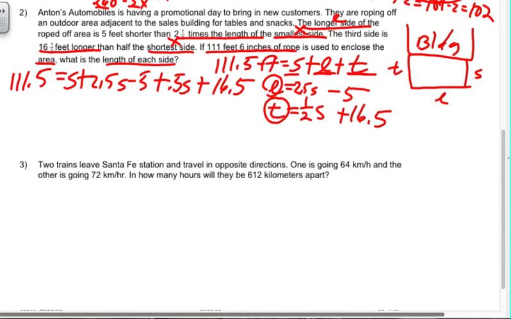So S plus 2.5 S's is 3.5 S's, plus another half an S gives me 4 S's. Then I've got minus 5 plus 16.5. That will give me plus 11.5.